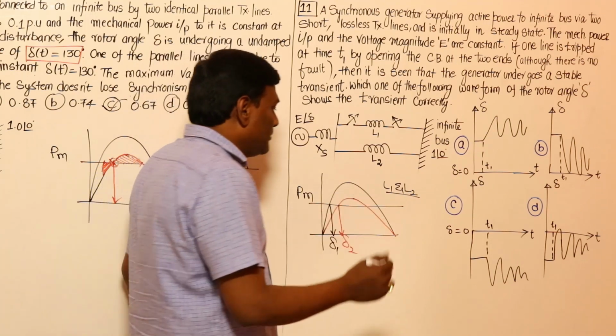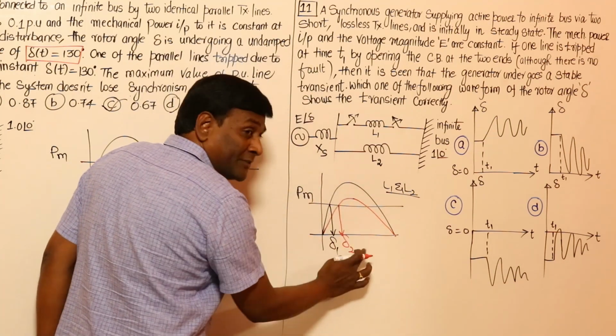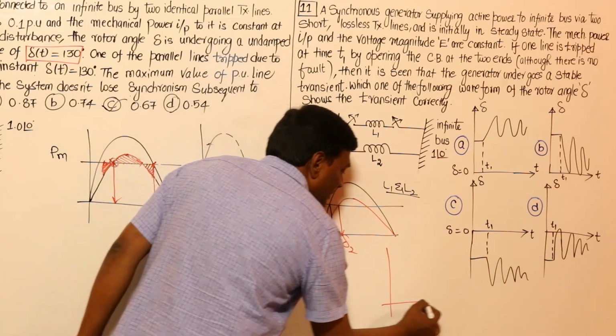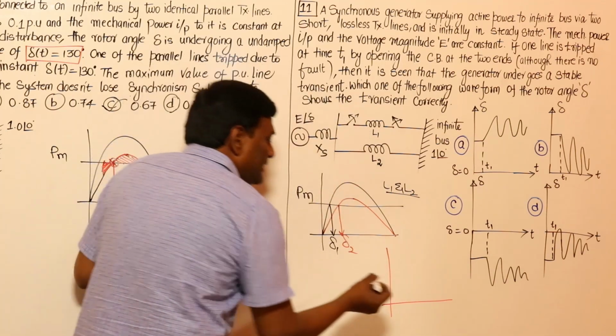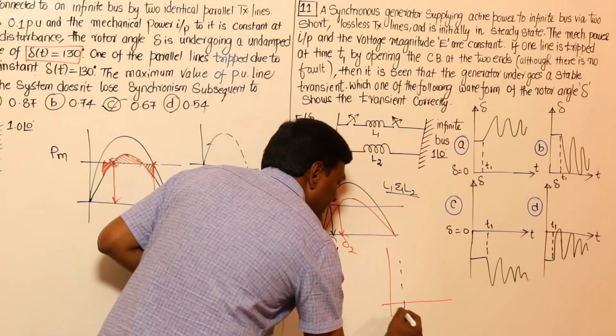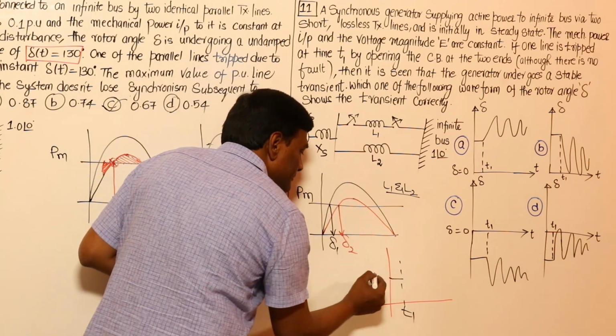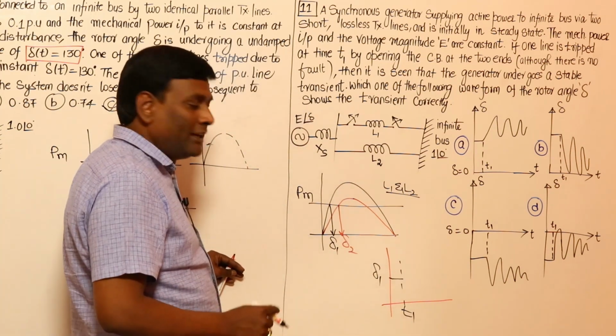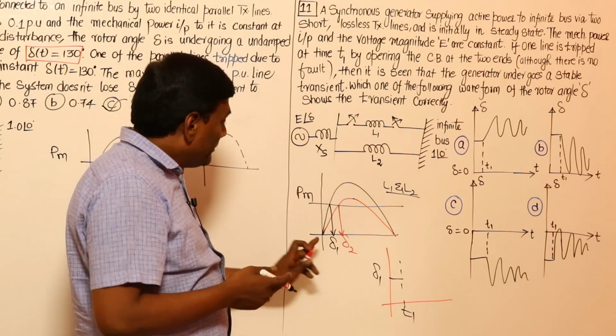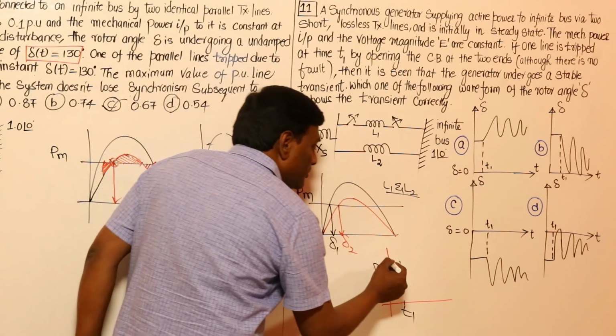Now along with the swinging, at T1 the disturbance occurred. At T1, how much is this? Delta 1. After transients die out, my delta has to increase, for example to delta 2.